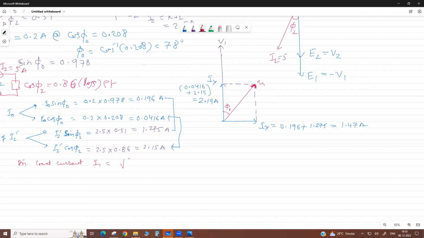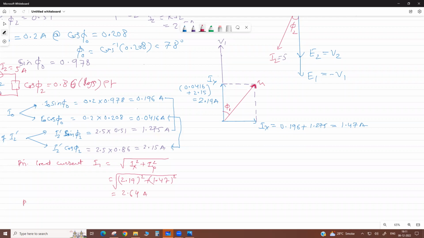What is the primary current? I1 equals the square root of Ix square plus Iy square. It is 2.19 square plus 1.47 square. The root answer comes to 2.64 ampere.